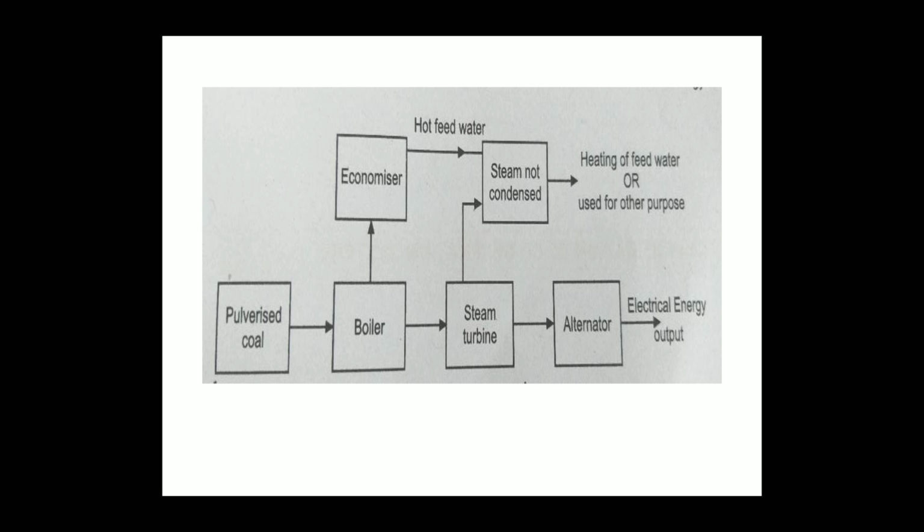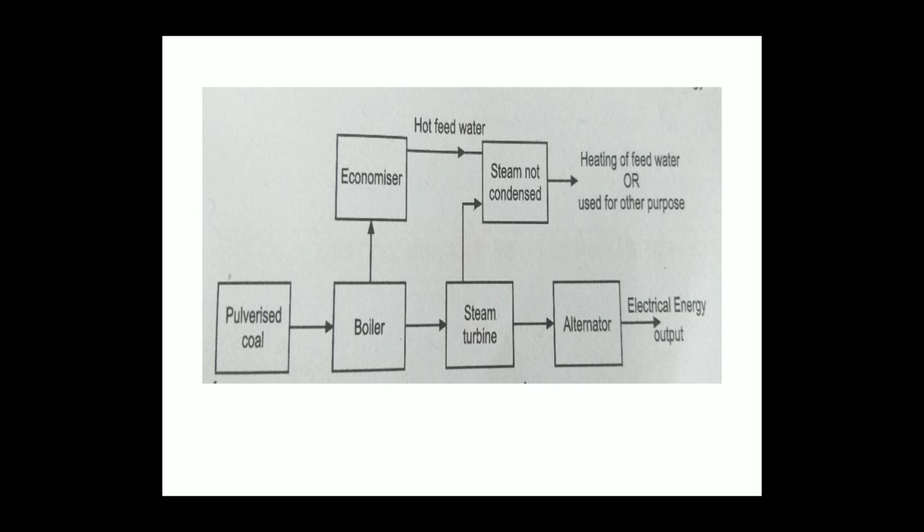Suppose this figure represents a typical thermal power plant. In such a plant, coal in pulverized form is burned in the boiler, which generates high pressure steam. This is applied to a steam turbine to produce mechanical power, as the turbine is connected mechanically to the electric generator. It converts mechanical energy into electrical energy.